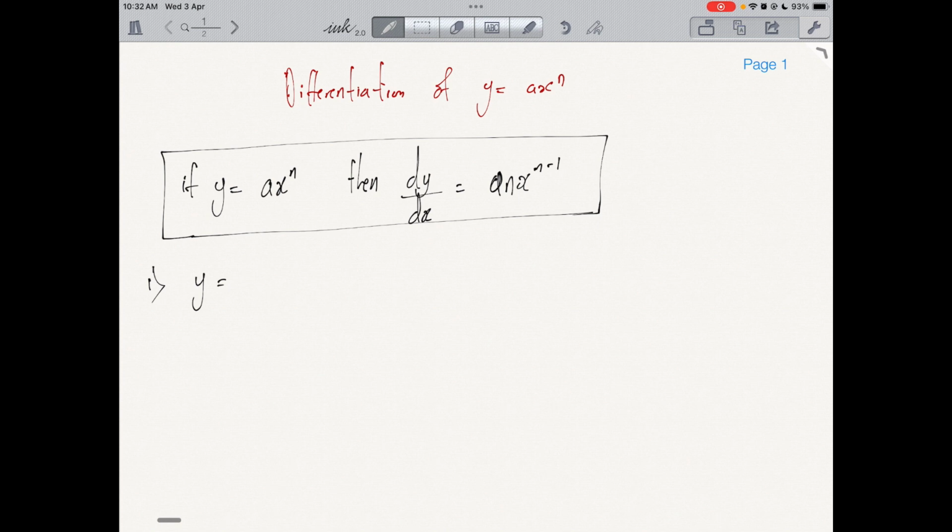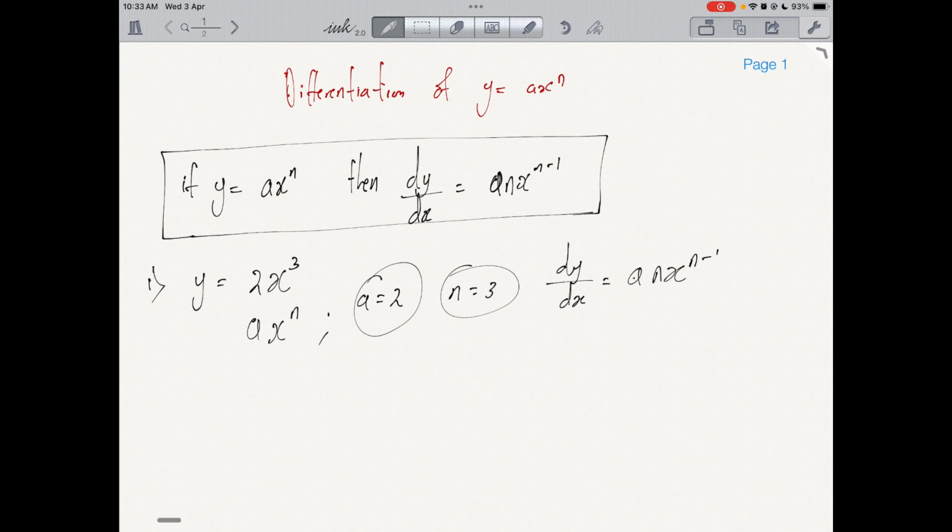So we have y = 2x^3. Comparing it to ax^n, we can say that our a is 2 and our n is 3. Therefore, our dy/dx = an x^(n-1), where a is 2 and n is 3.